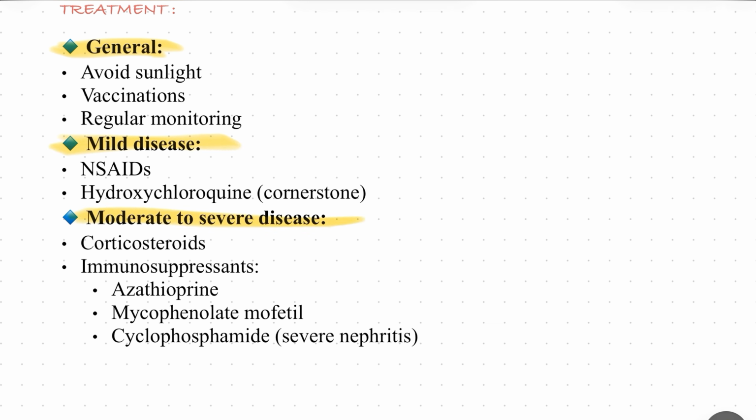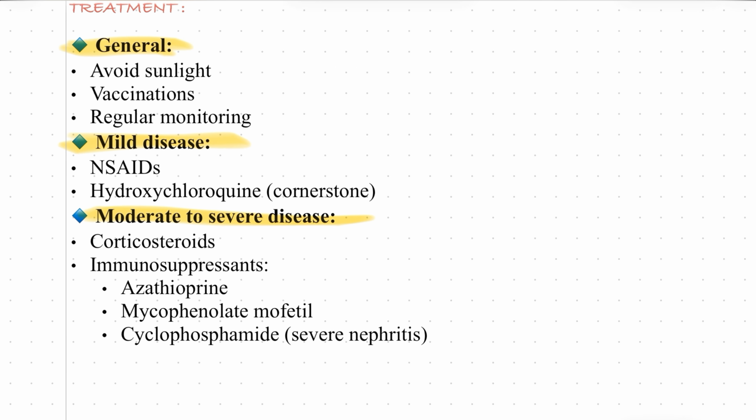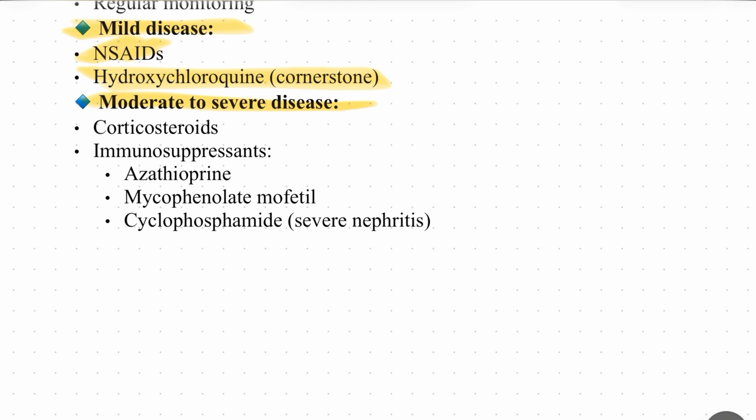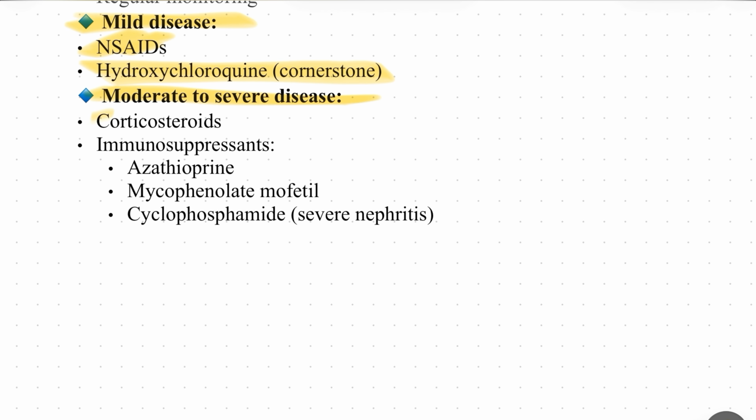So how are you going to handle the patient when the patient comes? First you need to give NSAIDs, hydroxychloroquine. If the patient is severe or moderate, then you need to go with corticosteroids. And the other thing is immunosuppressants. These are the important drugs which play an important role.